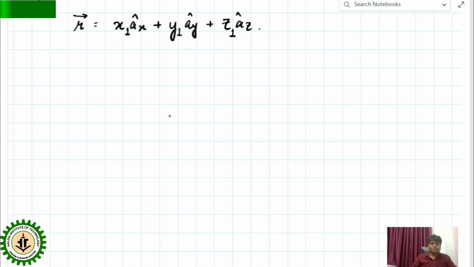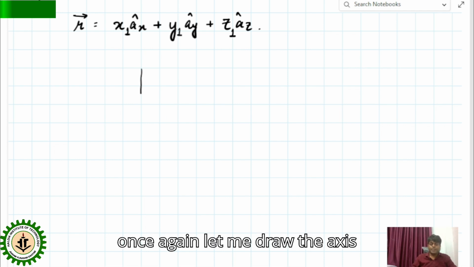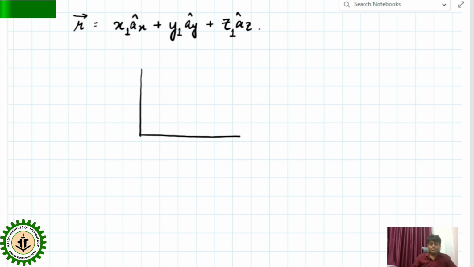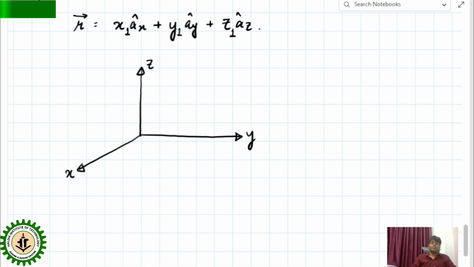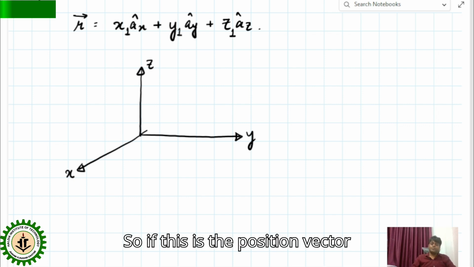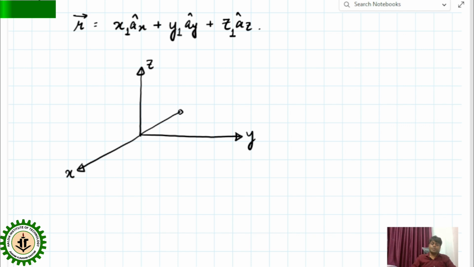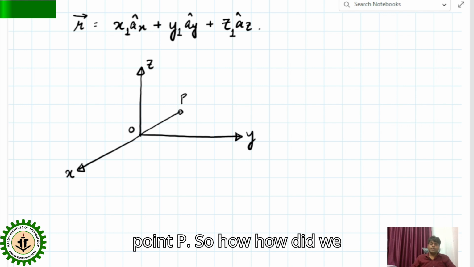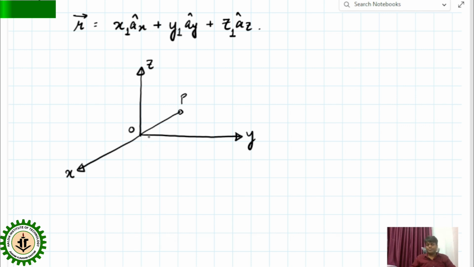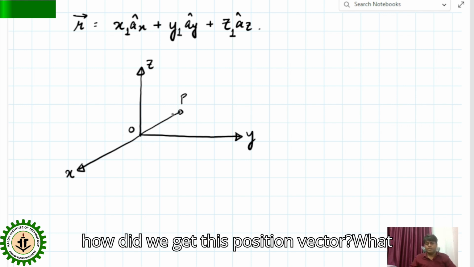Let me draw the axes once again. This is x, this is y and this is z. Okay, so this is the position vector from origin to point P. So how did we get this position vector?